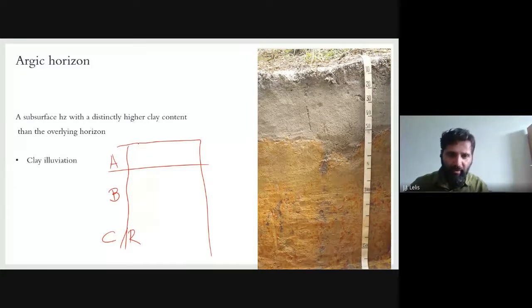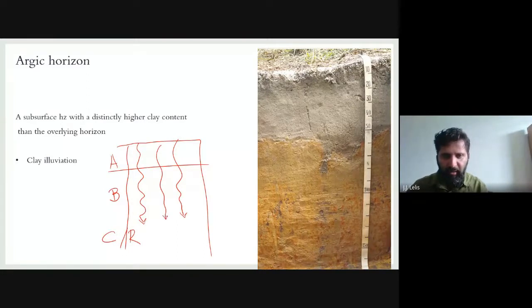So water could migrate here very easily, but when water found the C horizon or even the rock, water stopped migrating. So if water stops, the clay also stops, and clay starts to accumulate in the B horizon and increases the clay content of the B horizon. Okay?